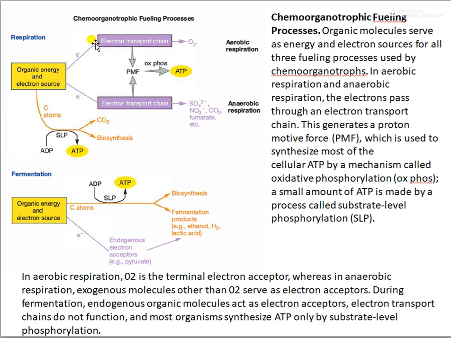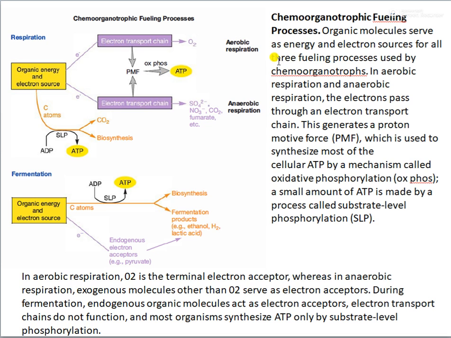These electrons pass through an electron transport chain and finally are given to oxygen. If the terminal electron acceptor is oxygen, such microorganisms are said to follow aerobic respiration.